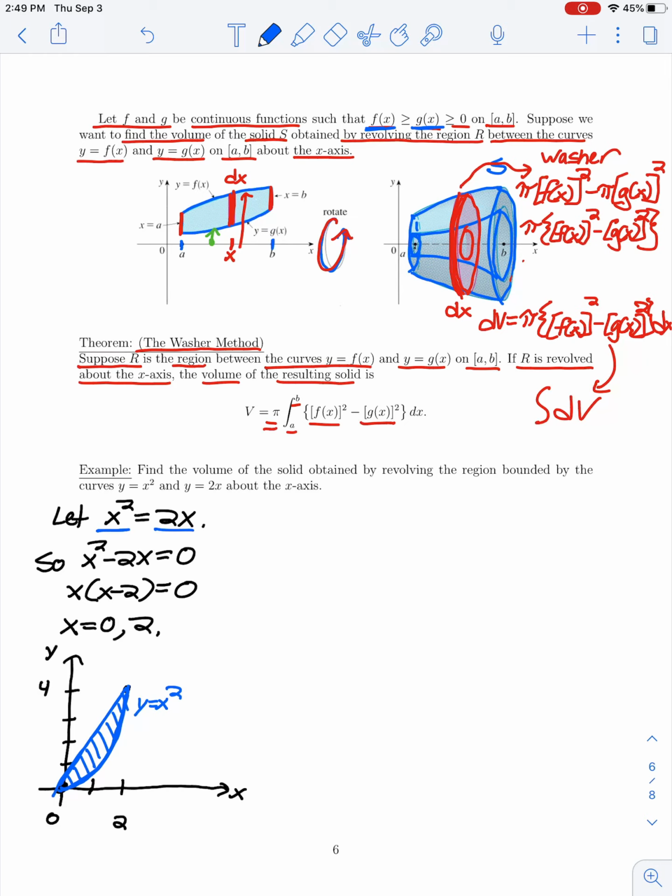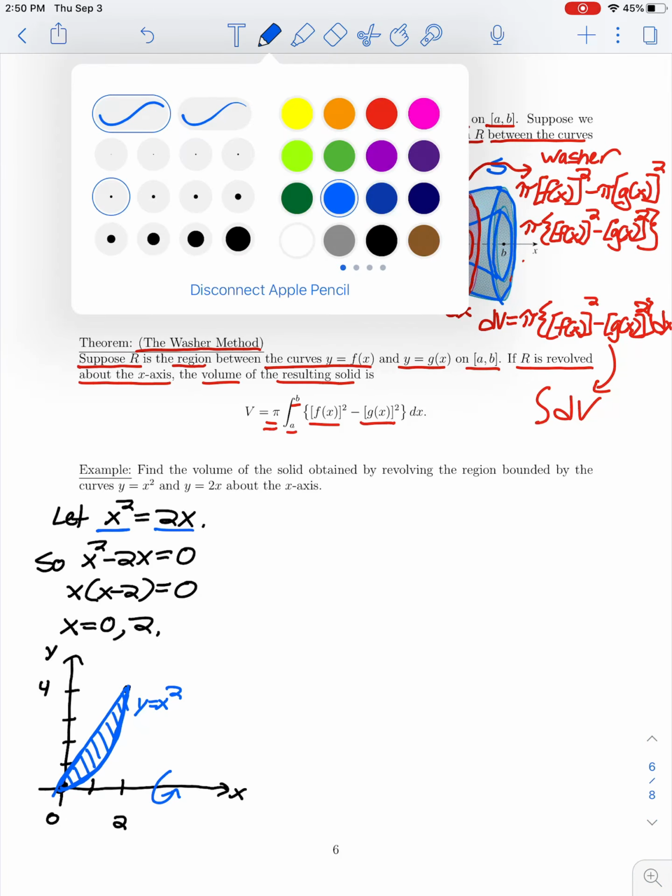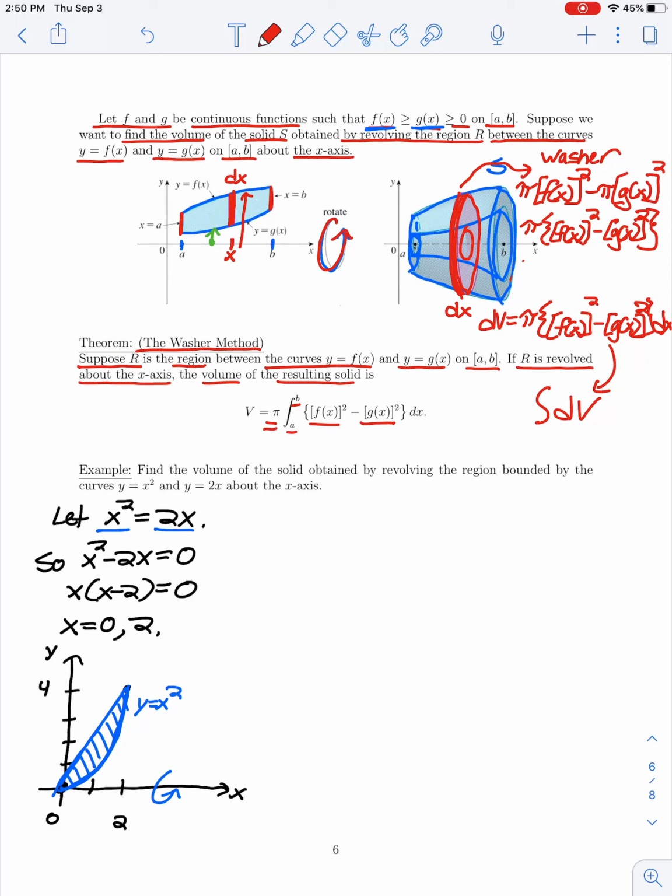Now I'm supposed to take that region and revolve it about the x-axis. So the first thing I need to determine is what method I'm going to use here. Let us think about if we were to take a slice through this region at a point x along the x-axis between 0 and 2 of a thin width dx.